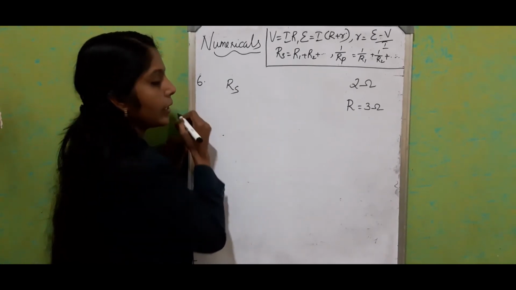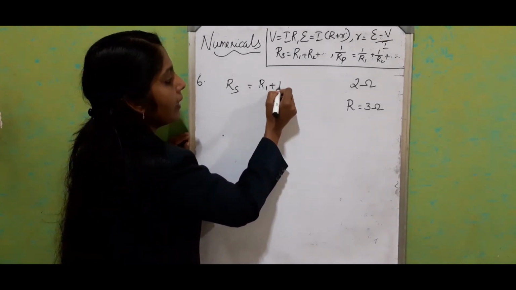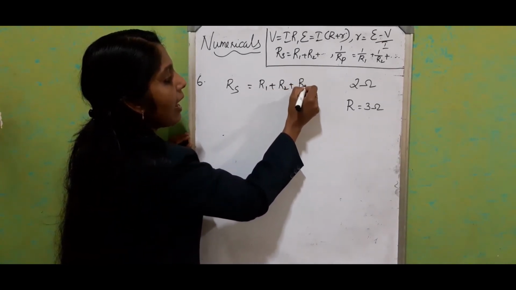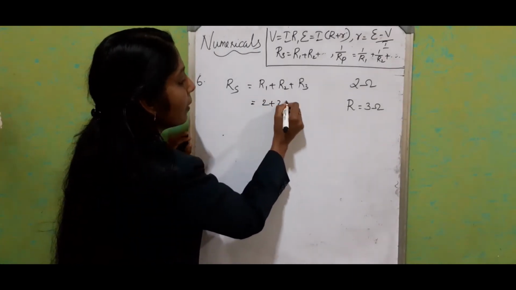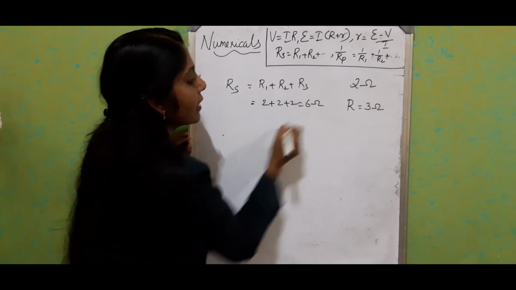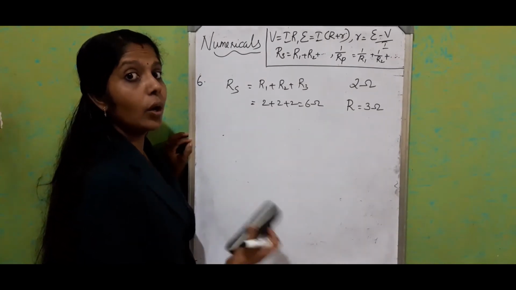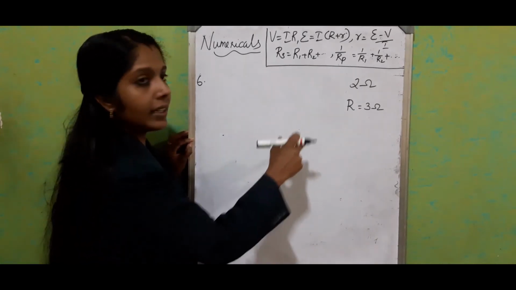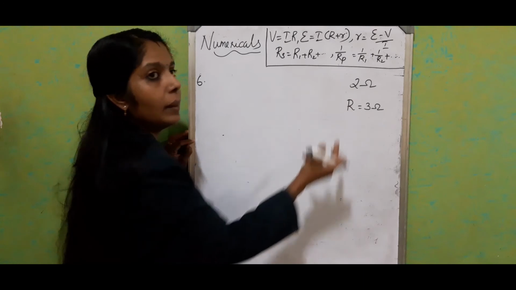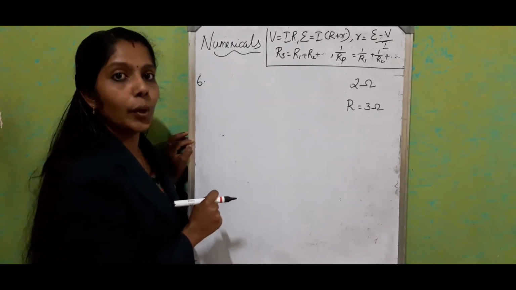What's the equation to find Rs? Rs is equal to R1 plus R2 plus R3, right? So 2 plus 2 plus 2, we will get 6 ohm. So this series connection will not work out. If we check with the parallel connection, the value will be less than 2 ohm, but we should get 3 ohm.